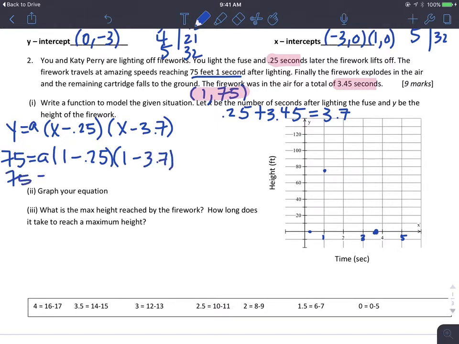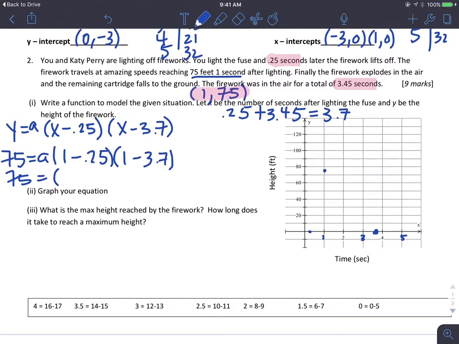So 75. And now these I'm going to put in my calculator. So 1 minus 0.25 times 1 minus 3.7.